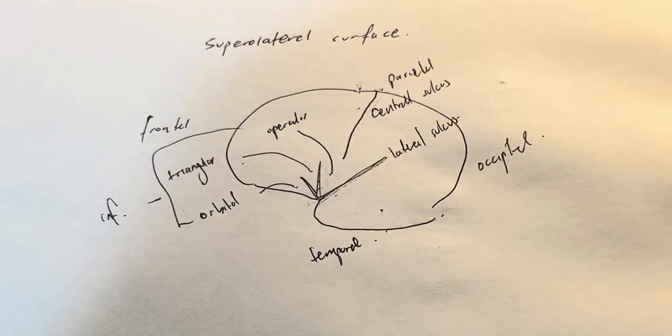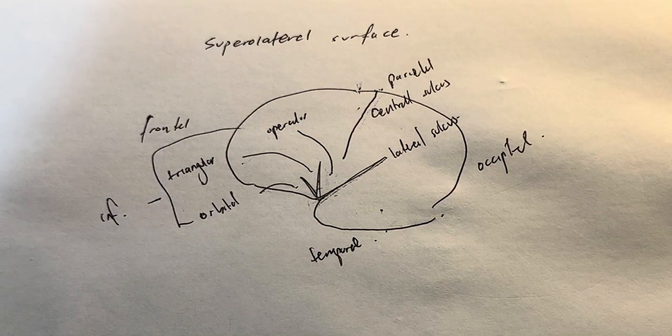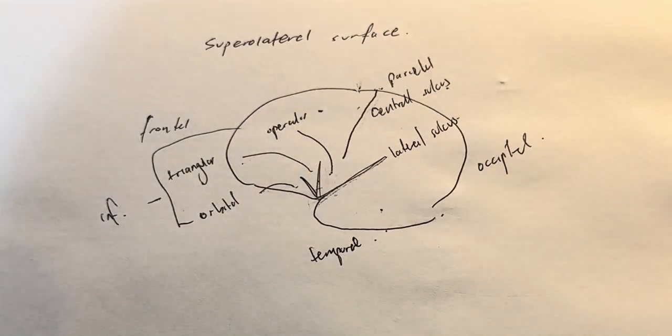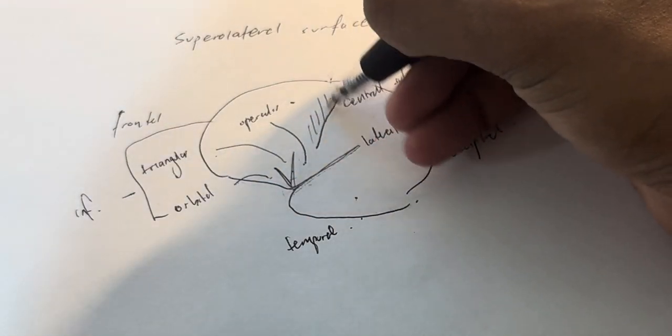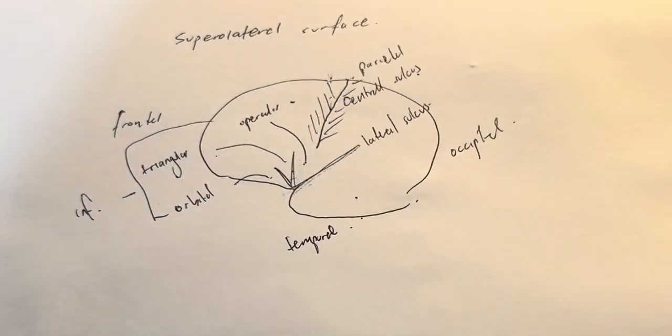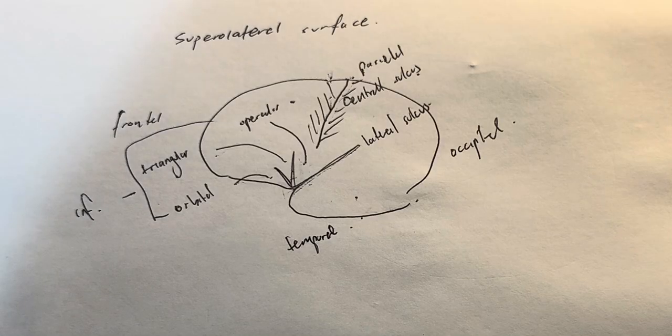You might also know the central sulcus as the fissure of Rolando, and it separates the frontal and the parietal lobes. Just in front of it and behind it lie the motor and sensory regions.